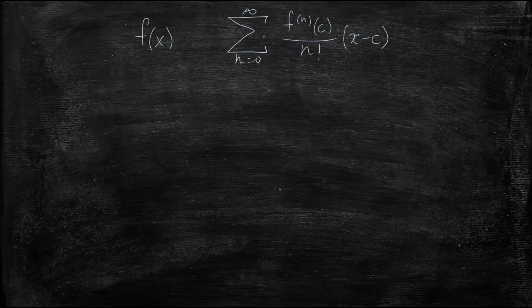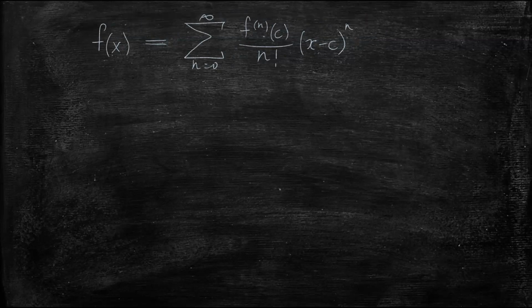We have previously learned that for any given function, we can use the formula and create a series like this, which we call the Taylor series, and ideally this series is equal to this function for some values of x.